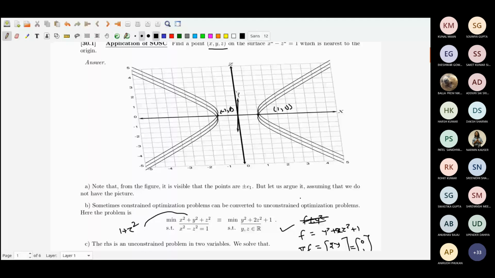Now if you take a huge ball in this 3-dimensional space, of, let's say, radius capital R, then any point outside this huge ball has a distance from the origin bigger than R. So any point of the surface outside this ball will have a distance bigger than R.